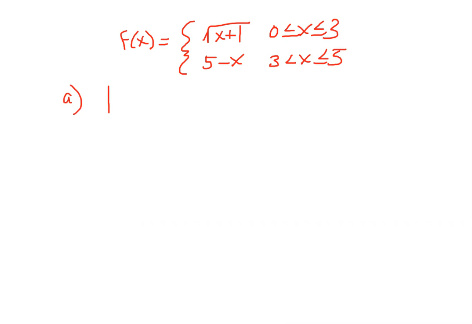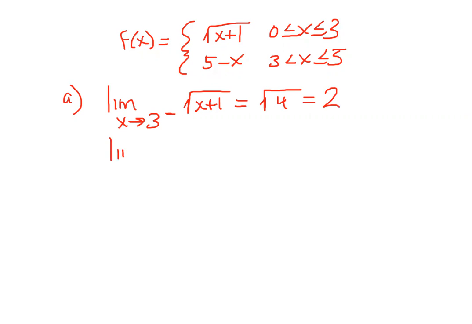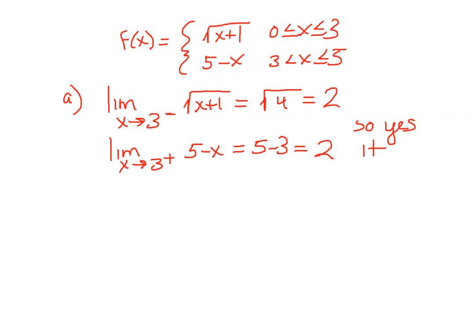To prove continuity, we have to take the limit as x approaches 3 from the negative side, which would be this, which would be 2. And then we find the limit as x approaches 3 from the positive side, which is 2. So yes, it is continuous at x equals 3.